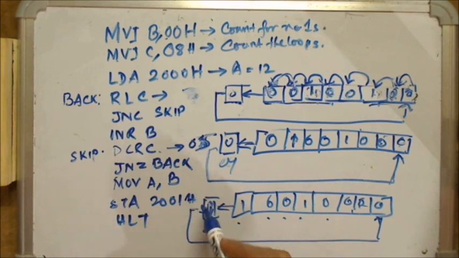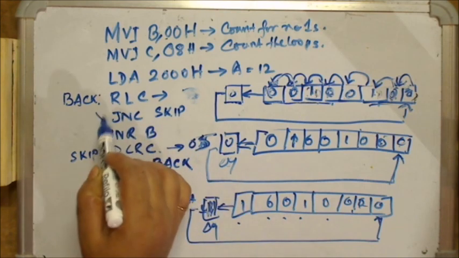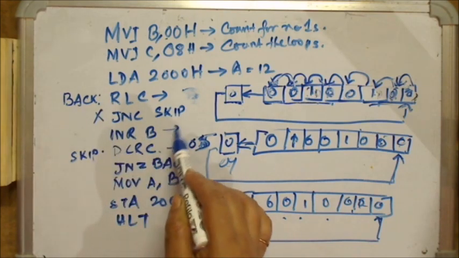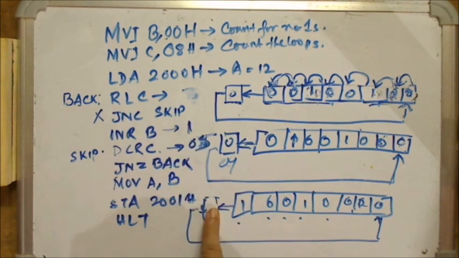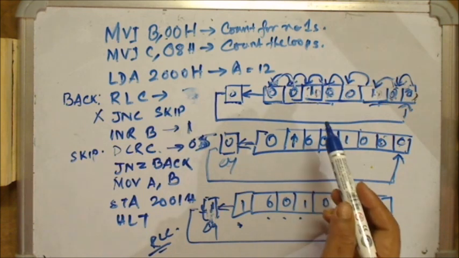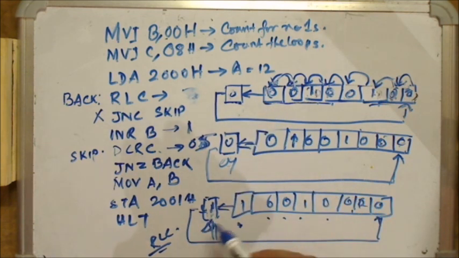Now once the MSB in the carry is 1, okay, this A and C, it will become false, and this B will be incremented by 1 because the carry is 1 now. Okay. After the fourth rotation, the carry will be 1.